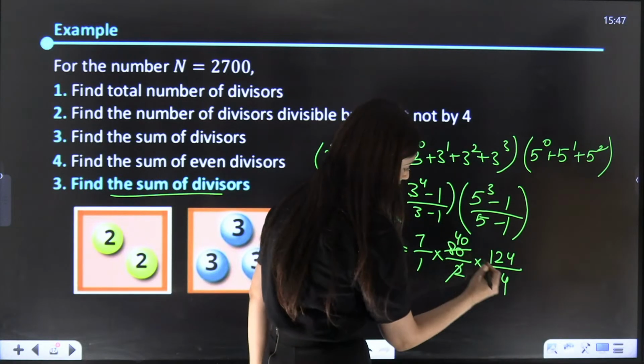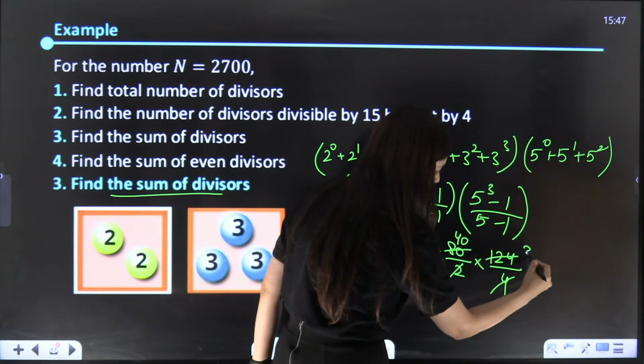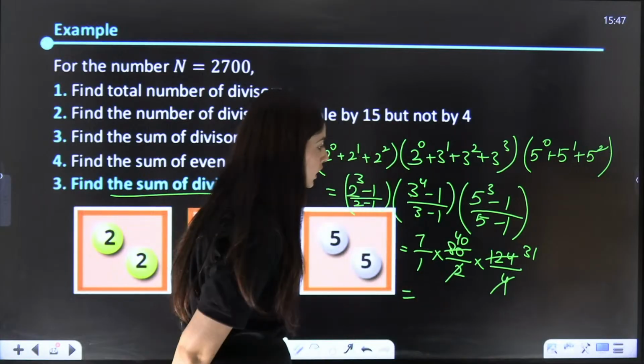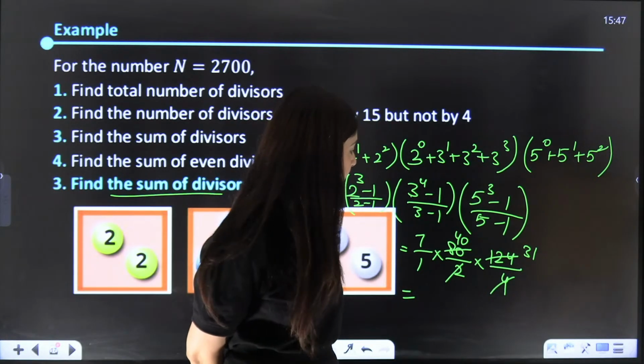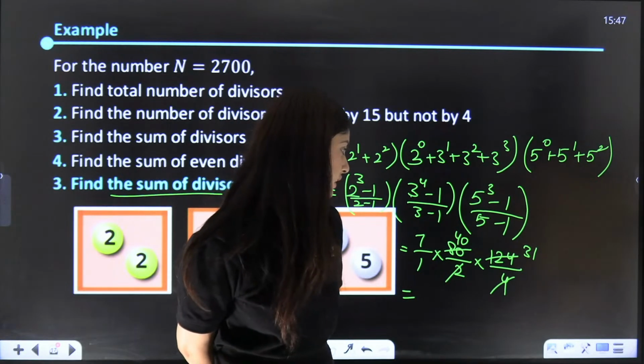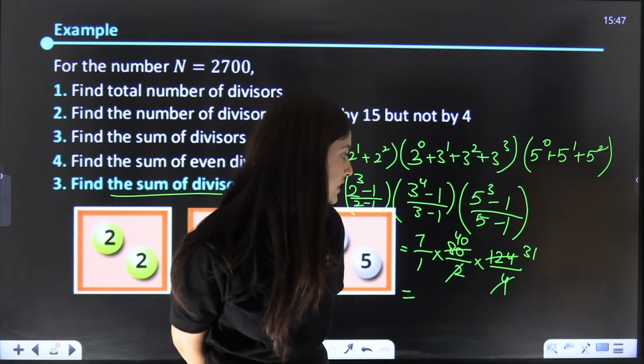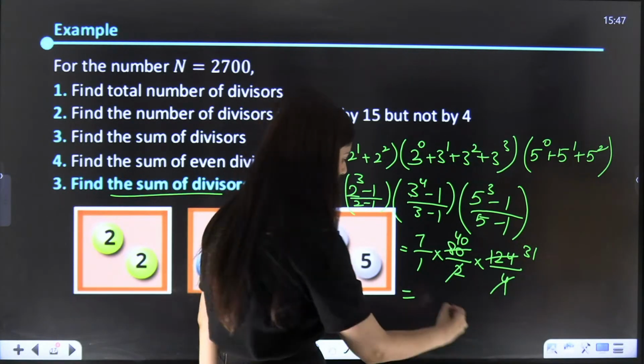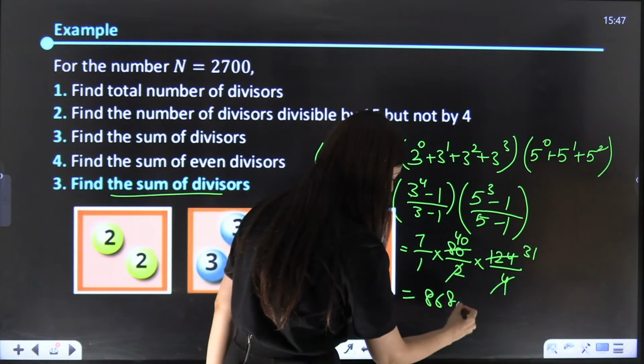So we just simplify this, and what is the final answer that we are getting? 7 into 31, that is 217. 217 into 4, that is 8680. Is that what we are getting?